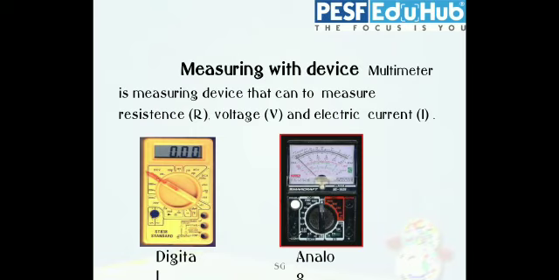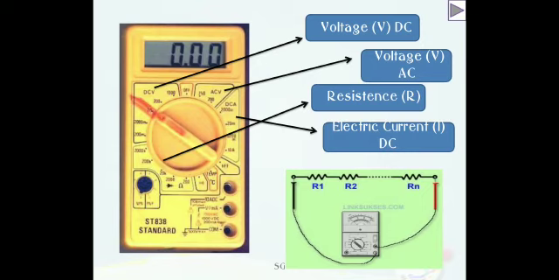So a single device is used to measure resistance, current and voltage. Commonly there are two types, one is digital and another one is analog. A digital meter gives a digital reading, and an analog meter has a needle, and the movement of the needle indicates the reading.